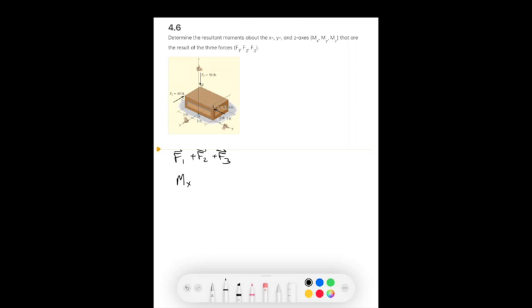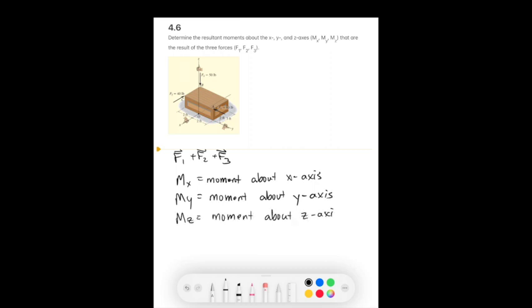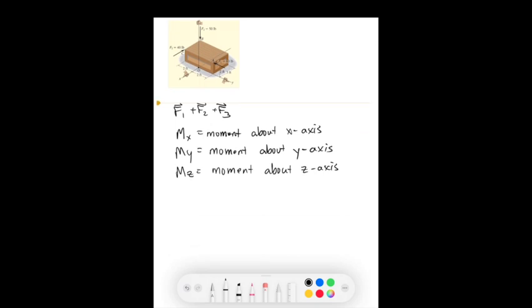So what we're looking for is the magnitude of the moment about the x-axis. We'll call that Mx. The way that we can do this is we'll just use the scalar approach.